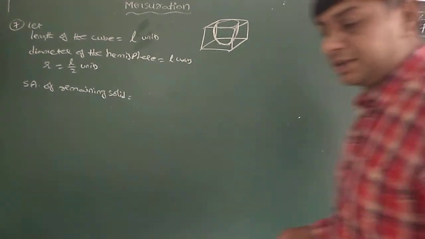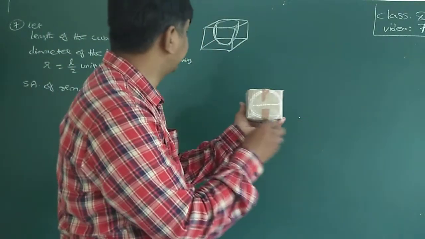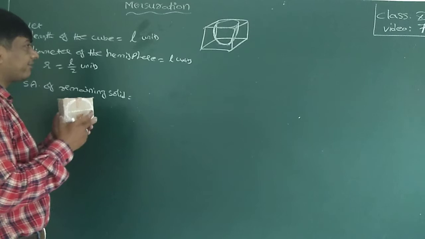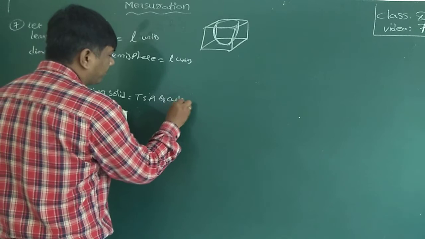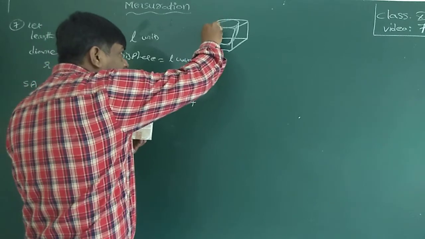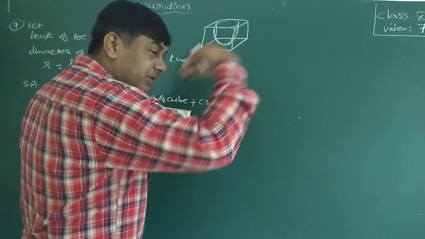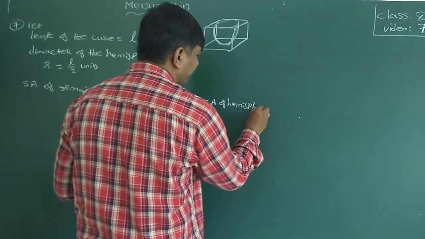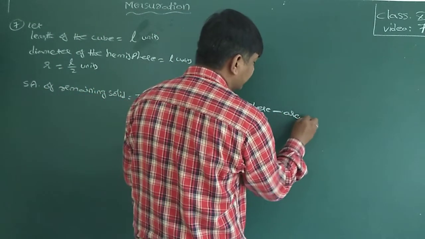See here, from one face a hemispherical portion is removed. So the surface area of the remaining solid is equal to the TSA of the cube plus the CSA of the hemisphere, because the hemispherical mark also is there when you scoop it out, minus the area of the common base.